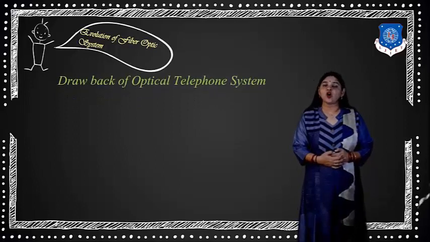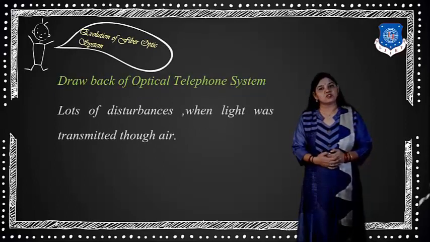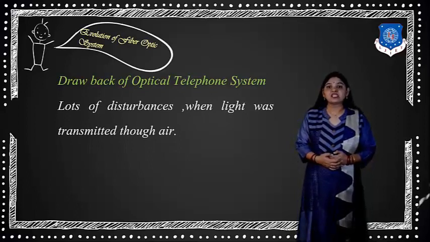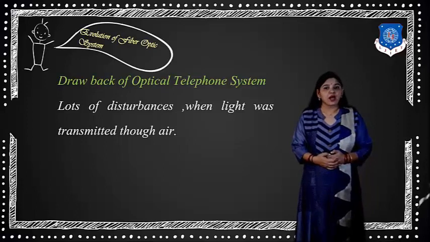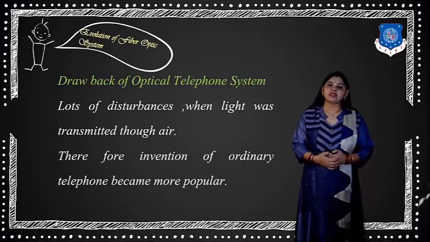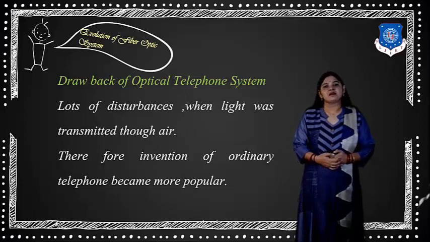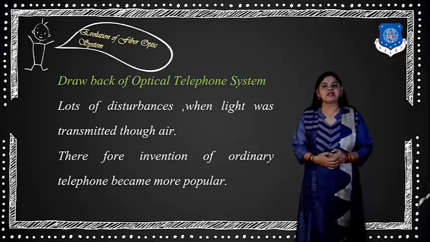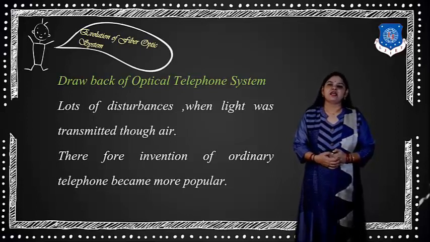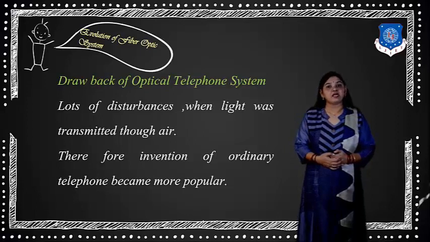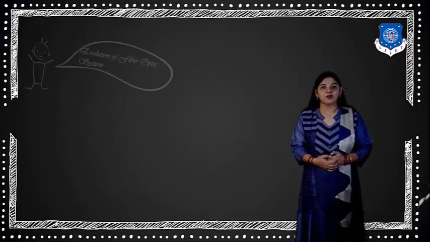But the drawback of this optical telephone system was a lot of disturbance when the light was transmitted through the air. Due to this disturbance, there was a need to develop the ordinary telephone, so the invention of the ordinary telephone became more popular.